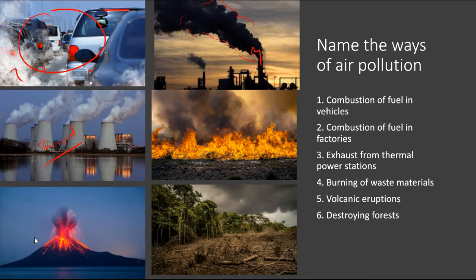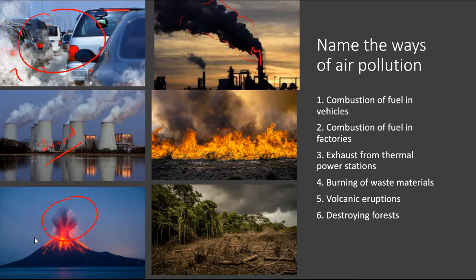And then burning waste materials. When you burn various materials, carbon dioxide, carbon monoxide, and various other chemicals will get released into the atmosphere. And when you burn them, carbon particles, lead particles, and so on will also get mixed with the atmospheric gas. And you have volcanic eruptions. Same thing happens here. You can see various particles and gases are released.